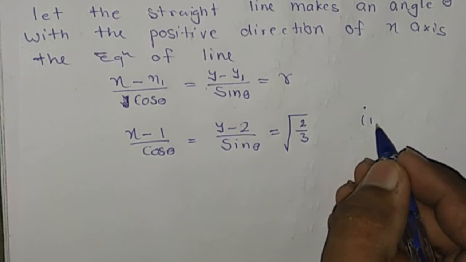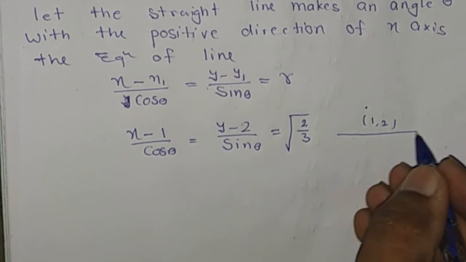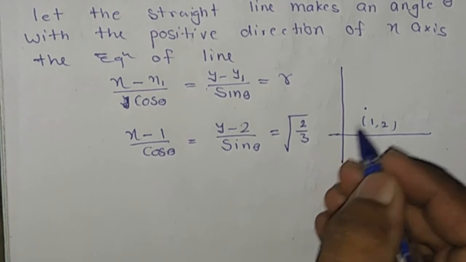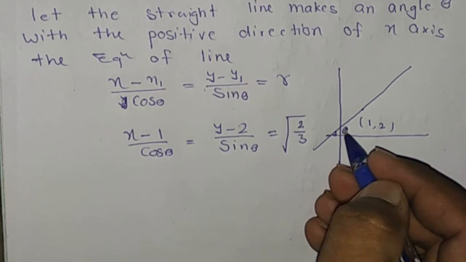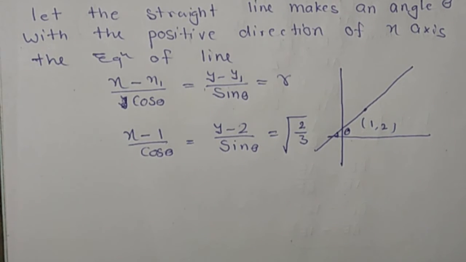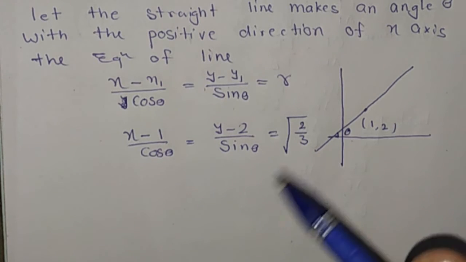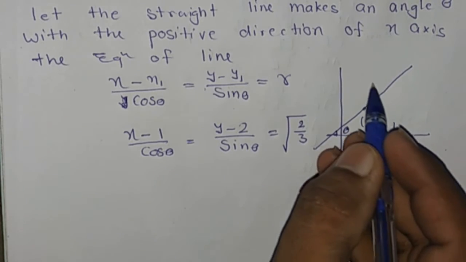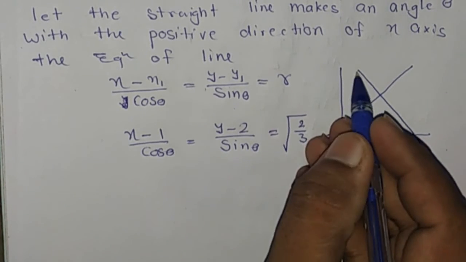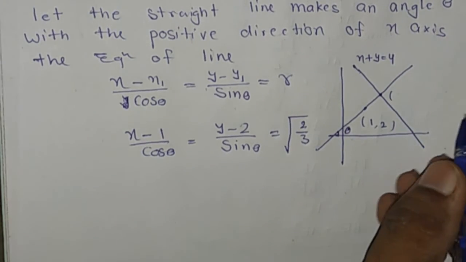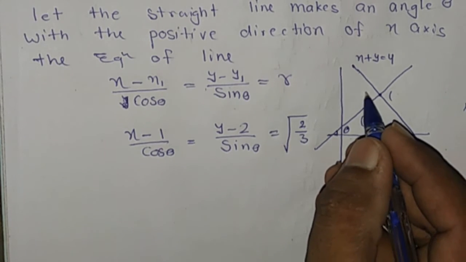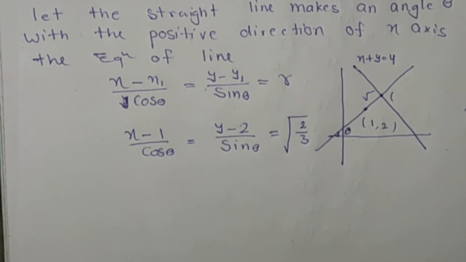Suppose it is point 1, 2 and this line makes theta angle, and it intersects the line x plus y equal 4, and the distance between this point and the intersection point is root 2 by 3.